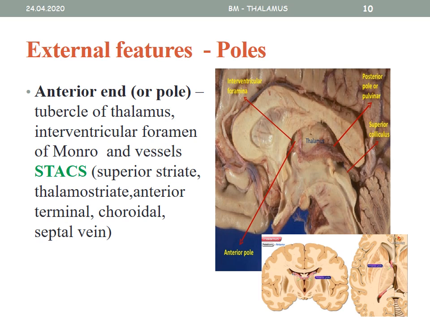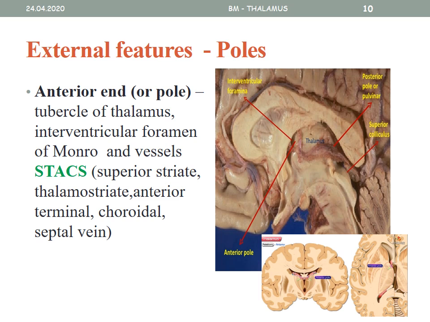Now we know the thalamus is egg-shaped. So it has an anterior end and a posterior end, and it has 4 surfaces. We will look into the relationship of these surfaces too. First, the anterior pole or the anterior end.